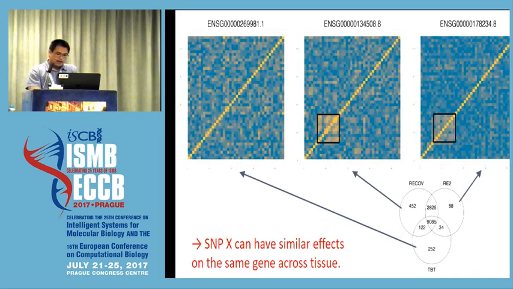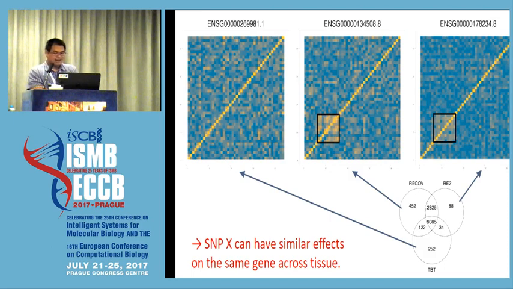In this slide, we look at some of the cases to understand why some eGenes are detected only by certain methods. Our method relies on the fact that a SNP needs to have similar effects on the same gene across tissues. In the first case, you can see that the tissues don't show any correlation pattern for the SNP effects.